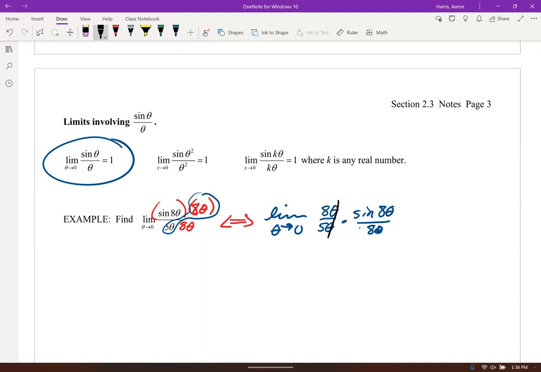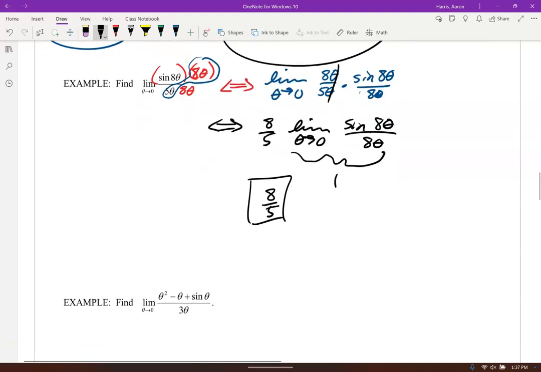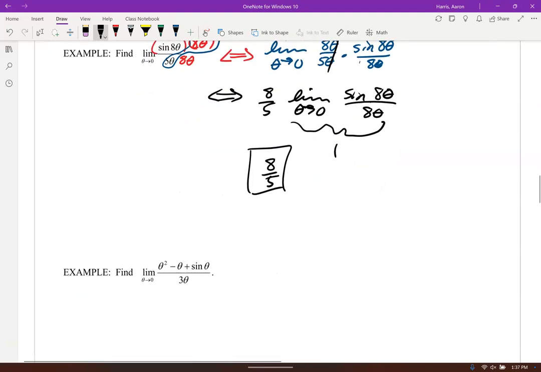And so now I'm going to push that 8/5 out front, and then I have the limit as theta goes to 0 of sine of 8 theta over 8 theta. And I know all of that is 1. By the way, that should be a theta right there. So I get 8/5 times 1. It's just 8/5. So special case. That's how I like to think about that.